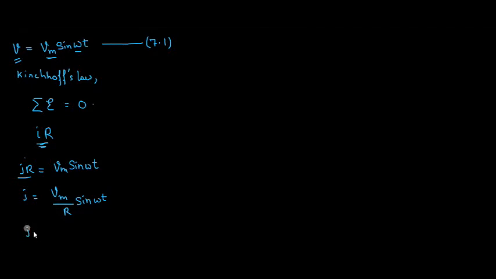Again we can write I is equal to Im sine omega t. This is equation 7.2 in your book.